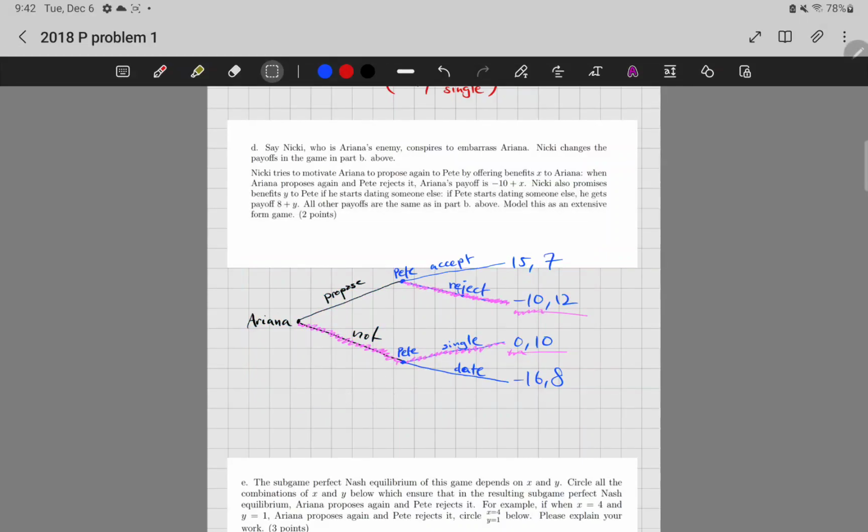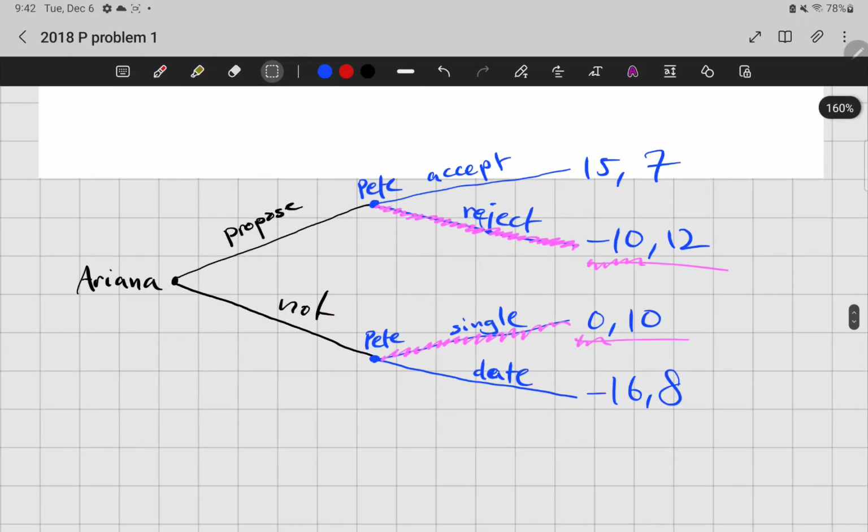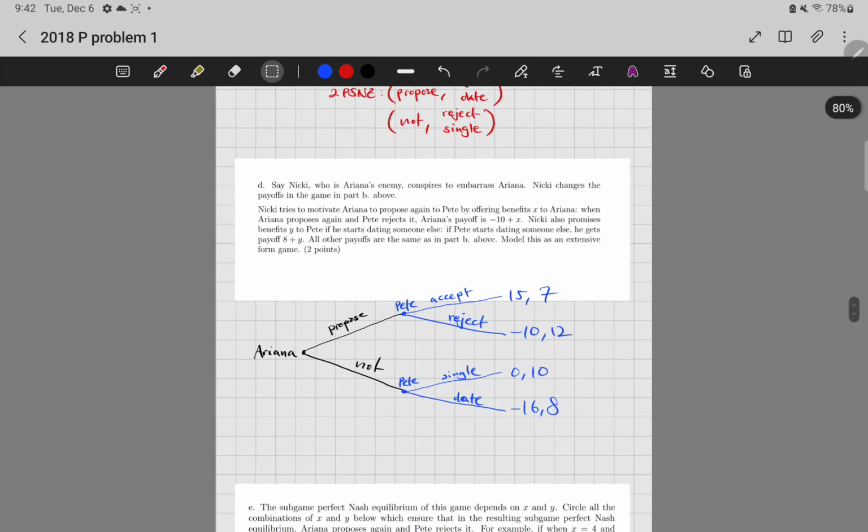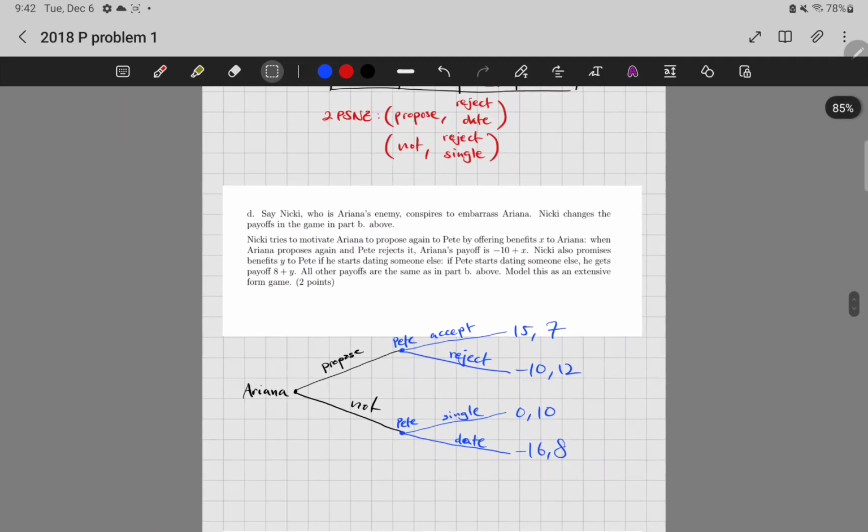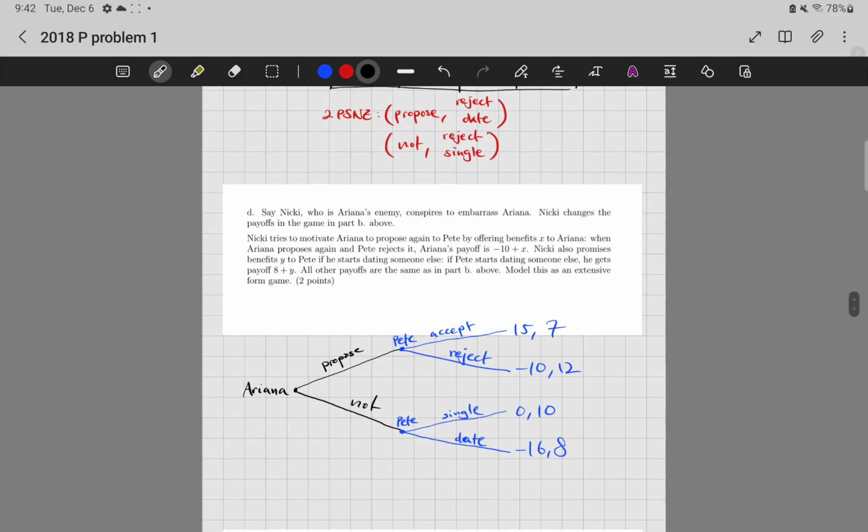Now let's remove the stuff that we don't need. Okay, now we have a clean extensive form game. However, there are some changes to the payoffs.